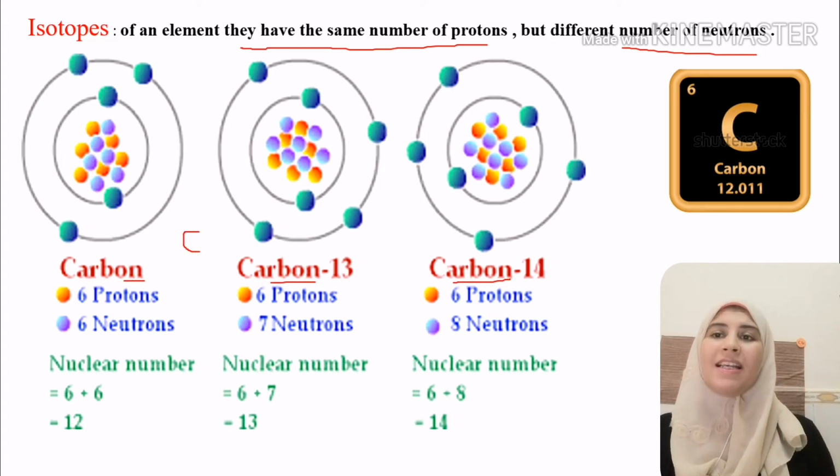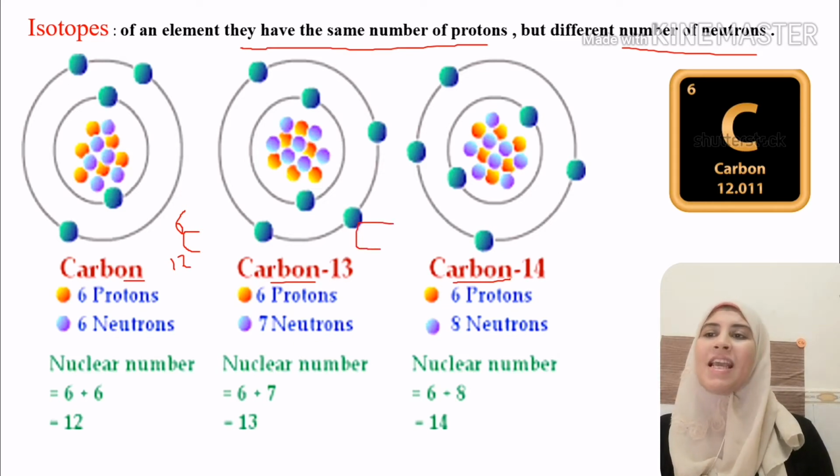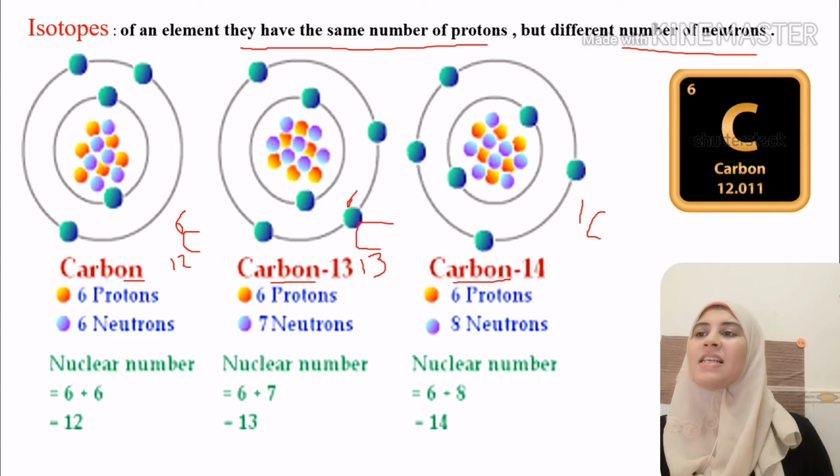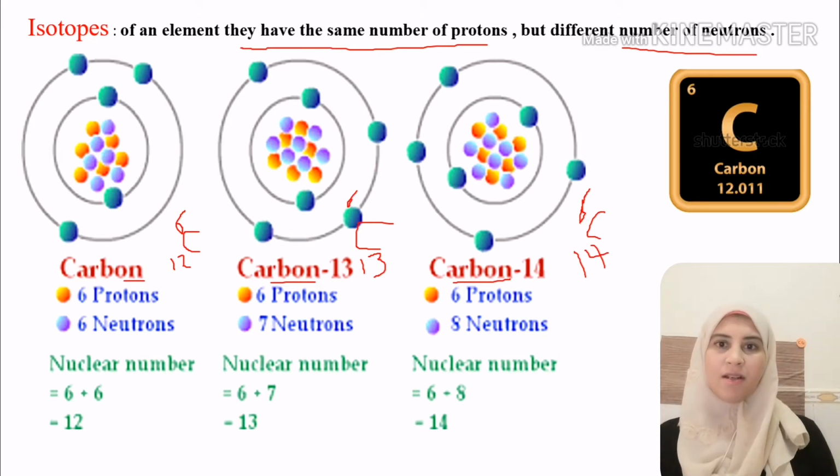The first one is C-12 with atomic number 6. The second one is C-13. The third one is C-14. So we have 3 different isotopes.